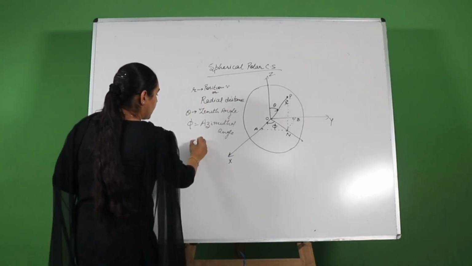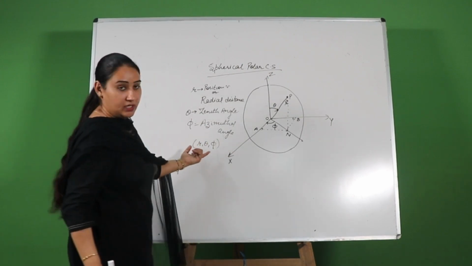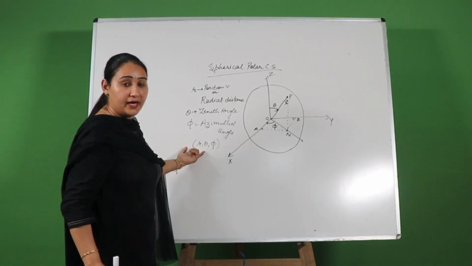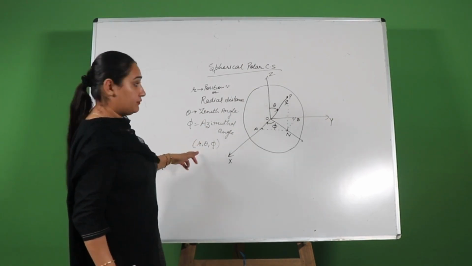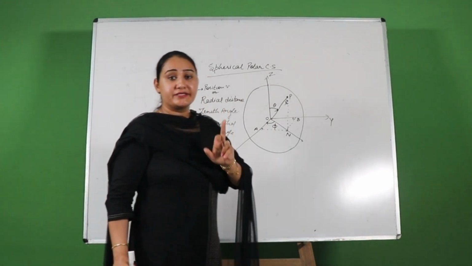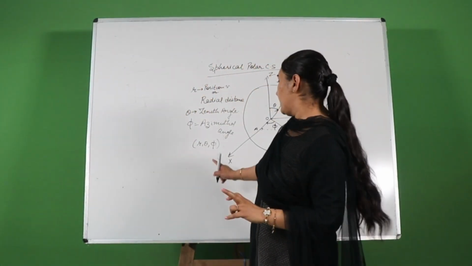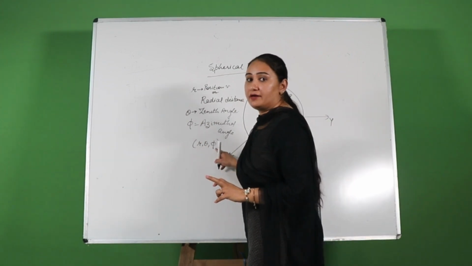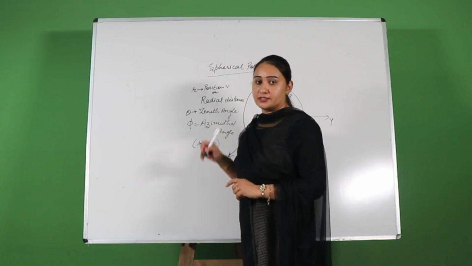Now this r, theta and phi give me the spherical polar coordinates, like I was having x, y and z in the case of Cartesian coordinates. Here I am having r, theta and phi as spherical polar coordinates.